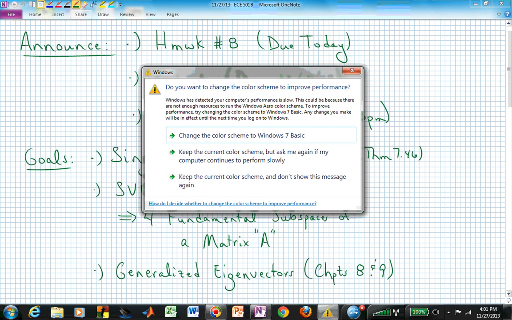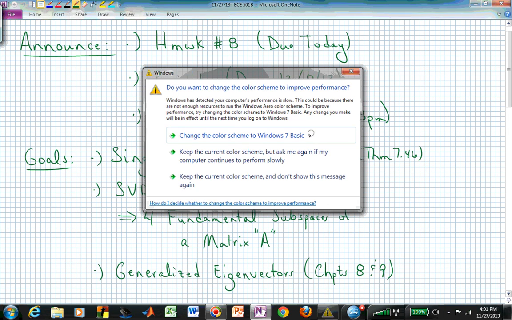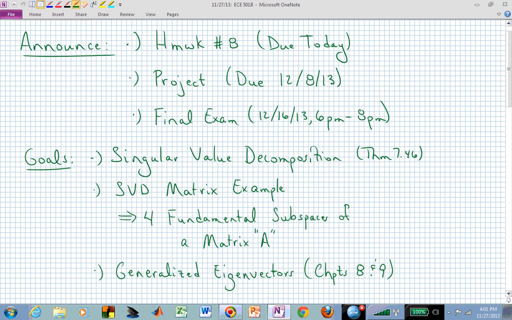And I'll try to go quickly through that in terms of writing down all the numbers, but I want you to start to get a feel for what the singular value decomposition allows us, or the power that it provides for us, and in particular, it identifies or produces basis vectors for the 4 fundamental subspaces of any linear map A.